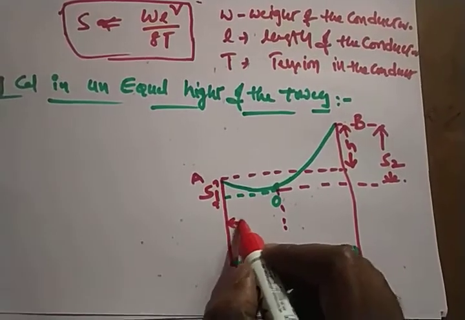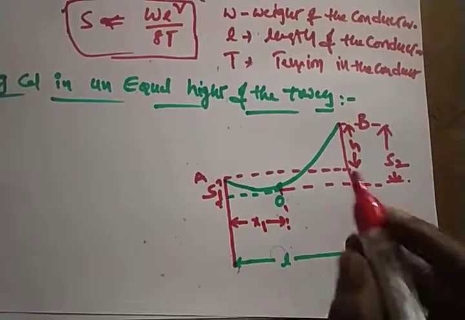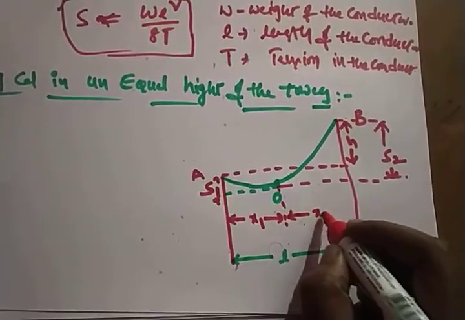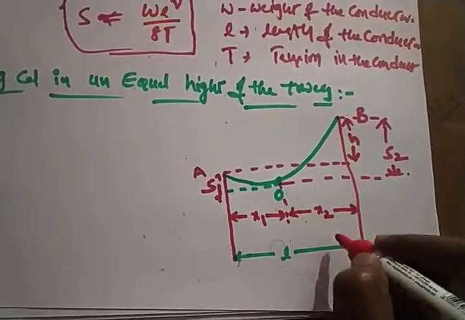So this distance is x1 and this distance is x2. So x1 plus x2 is nothing but L.